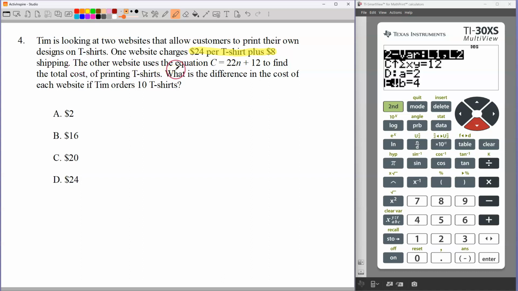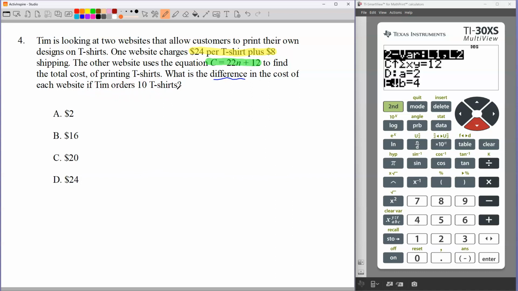The other website uses this equation, C equals 22n plus 12 to find the total cost of printing t-shirts. What is the difference? Difference implies subtraction. What is the difference in the cost of each website if Tim orders 10 t-shirts?